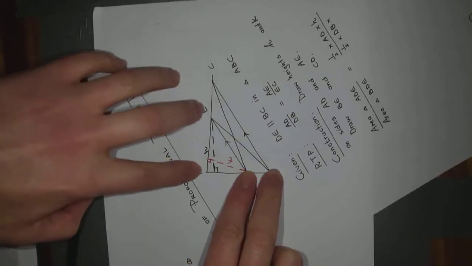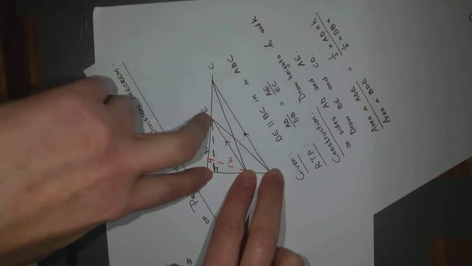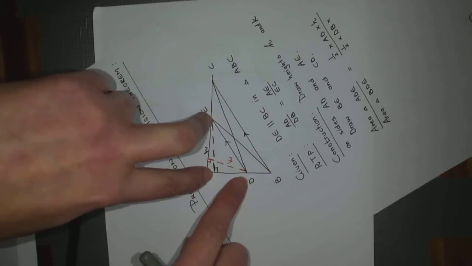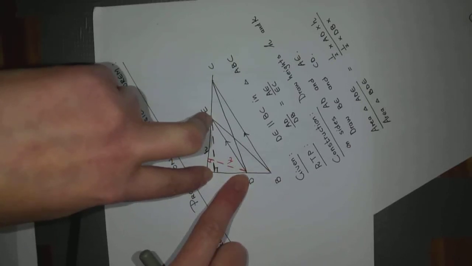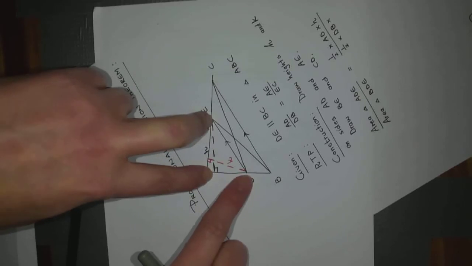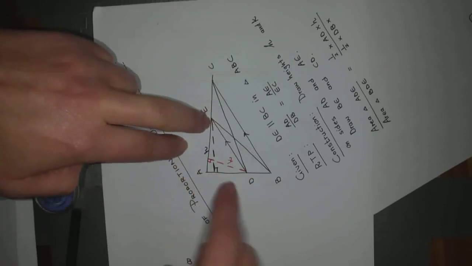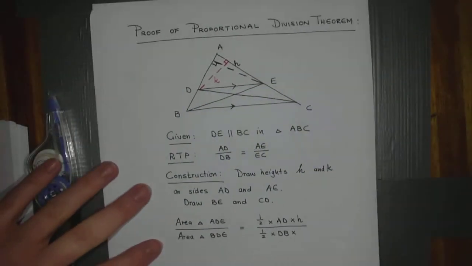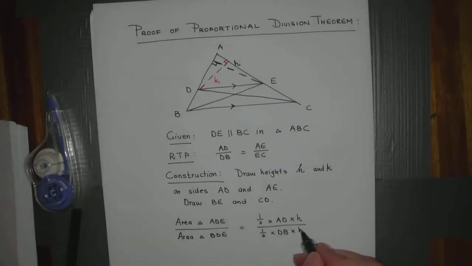Where's the height? The height is exterior to the triangle. It's outside, because this is an obtuse angle triangle. Can you see that? So because this is an obtuse angle triangle, the height for that triangle is also equal to H. So I can simplify that. Do you guys agree? That simplifies to what? AD over DB.